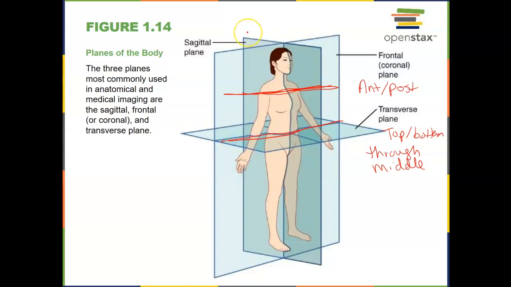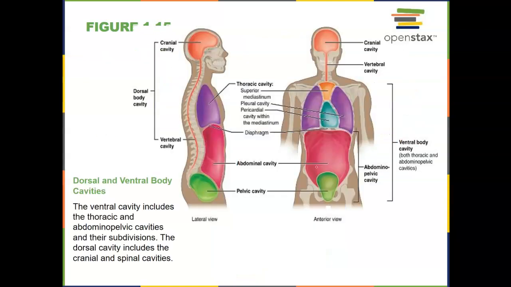The sagittal plane cuts you into right and left sides. You can have sagittal right here, or you can have sagittal right here. Now you can identify that I kind of have a tic-tac-toe grid set up on the human body. We'll get to that in a minute.